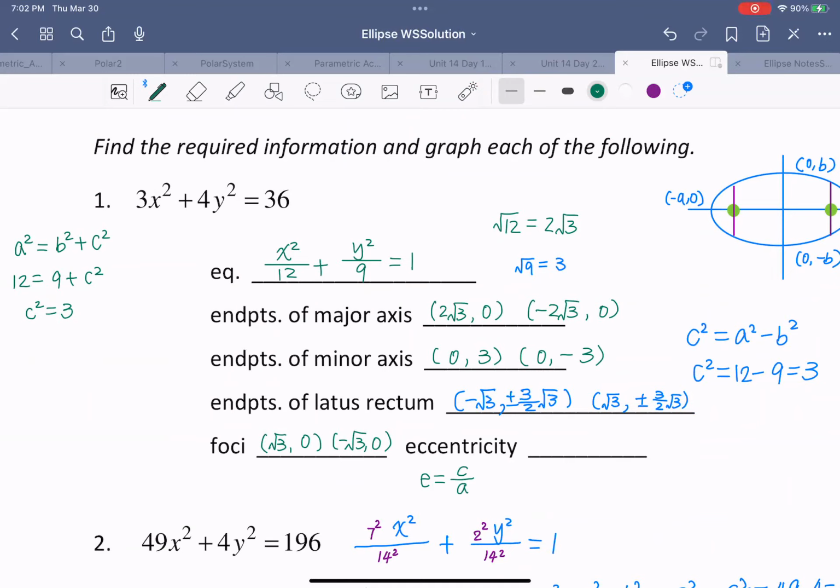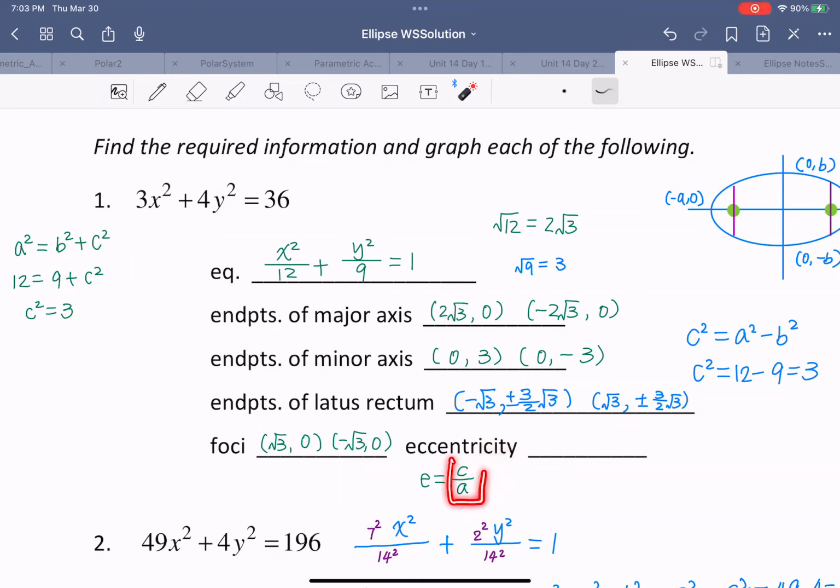So for a circle, your c is 0. For a circle, you only have one point for the center and foci. So c is 0, so for the circle, e is 0. If eccentricity is 0, that's a circle. For the ellipse, your c is less than a, but c is not 0.